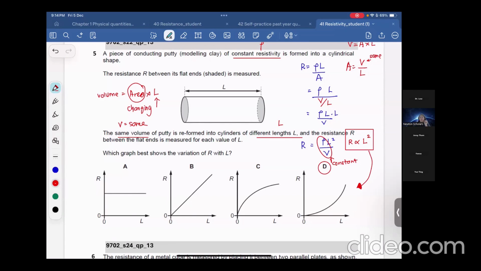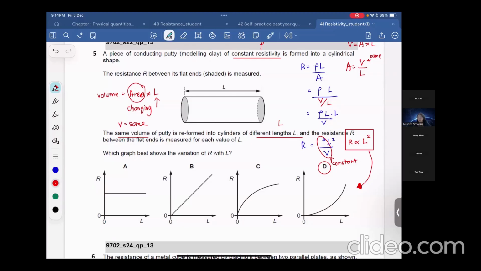This kind of question often comes out, not only for this chapter. They test your idea. Do you know how to make other physical quantities constant variables? Then we only compare this with the other one. So we have to think how to turn the one that keeps changing into a constant physical quantity.